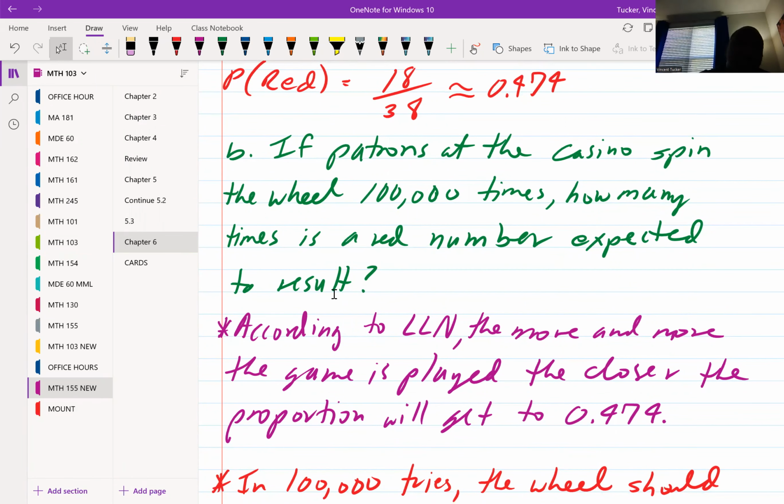All right, so according to the law of large numbers, the more and more the game is played, the closer the proportion will get to 0.474.